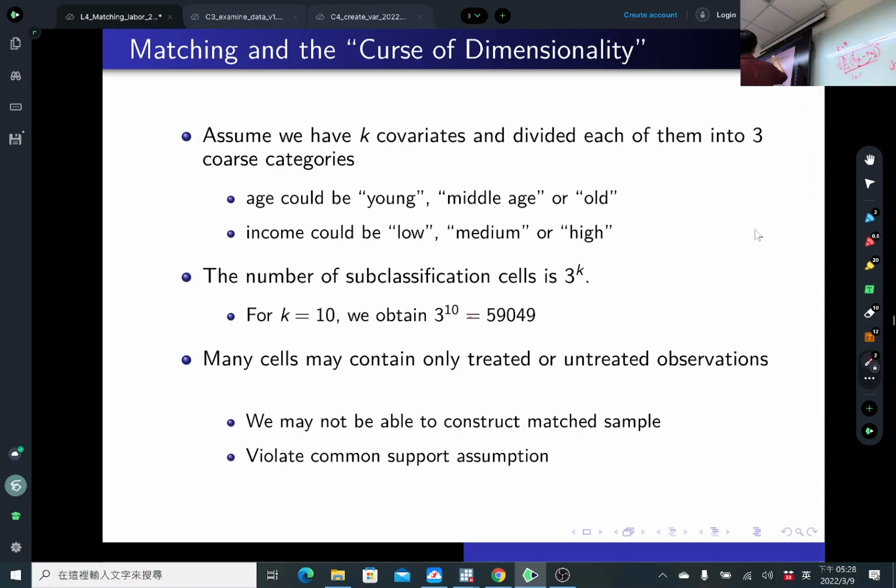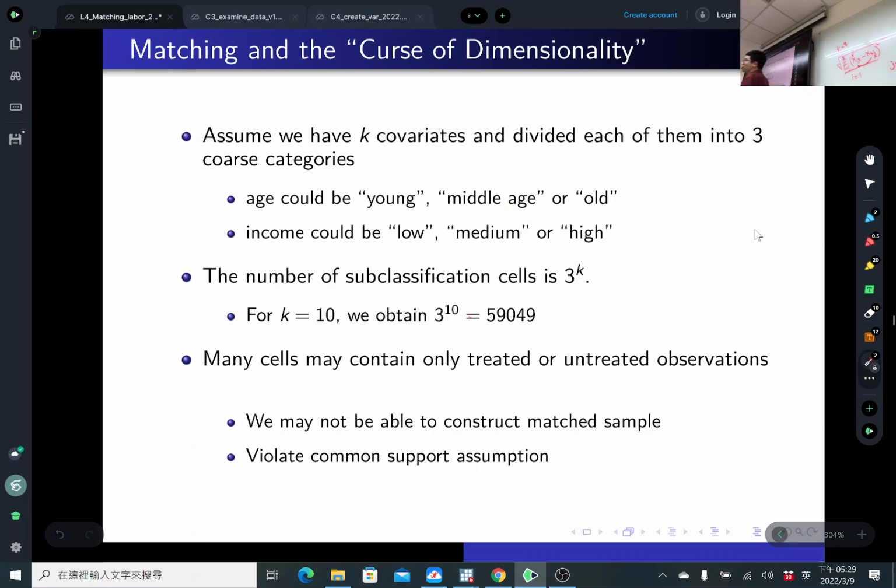For example, we just have age and income. We just need to match these two variables. And we categorize age into young, middle age, and old. Originally it is 1, 2, 3, 4, 5 until 80 or 90, but we just roughly say young, middle age, and old.